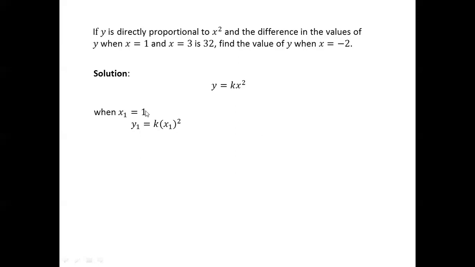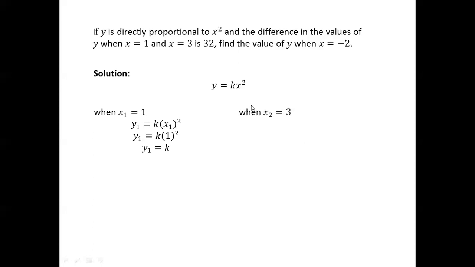So here, we substitute the value of 1 for x sub 1, giving us y sub 1 is equal to k. This is the initial equation that we can get out of the first condition of having x is equal to 1.